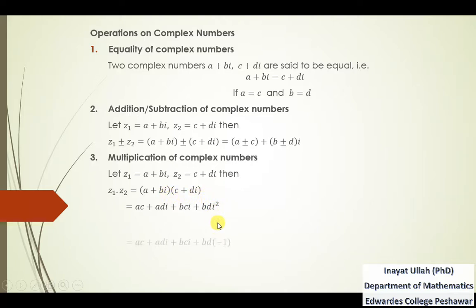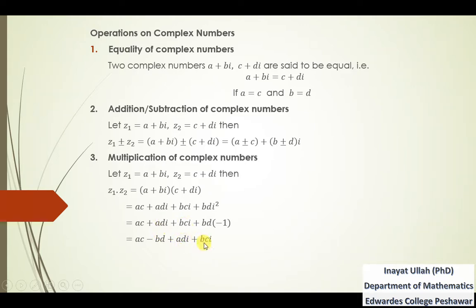In the coming step, we will replace iota square by minus 1, and in this step, combine the real parts. Those parts that do not contain iota are called the real parts. So ac is the real part, and minus into plus is minus, so minus bd is the real part, and that is the imaginary part.